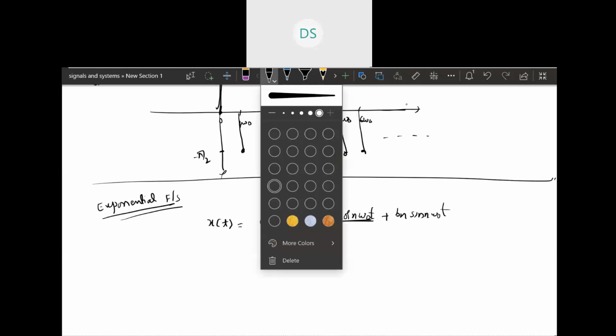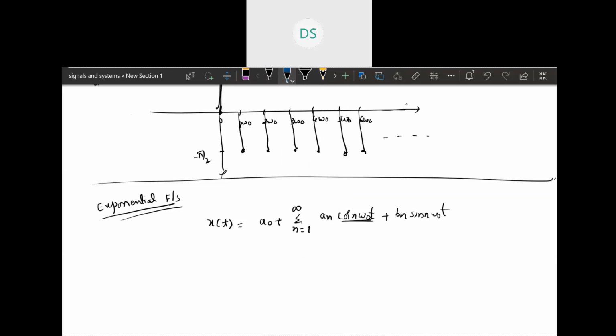We know that cos n omega naught t is equal to e power j n omega naught t plus e power minus j n omega naught t divided by 2. Cos theta means e power j theta plus e power minus j theta by 2, and similarly sin theta is equal to e power j theta minus e power minus j theta by 2j.